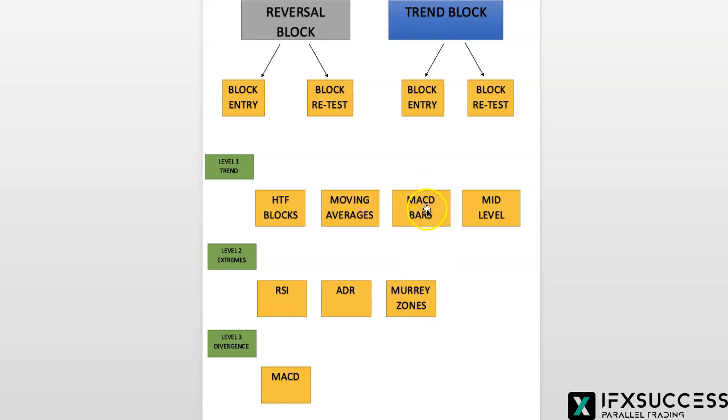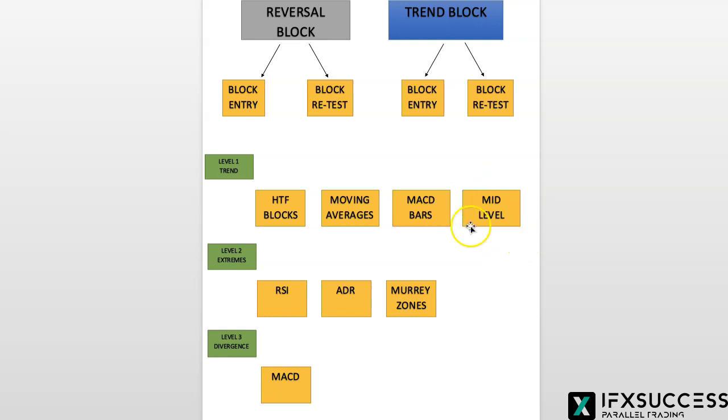So for example, if the MACD bars on 4 hours are above the zero line, then we're going to be looking only for buying opportunities on a smaller time frame. Okay, so that is very simple. And the opposite, if the bars are below the zero on a higher time frame, then we're going to be looking only for selling blocks on a smaller time frame.